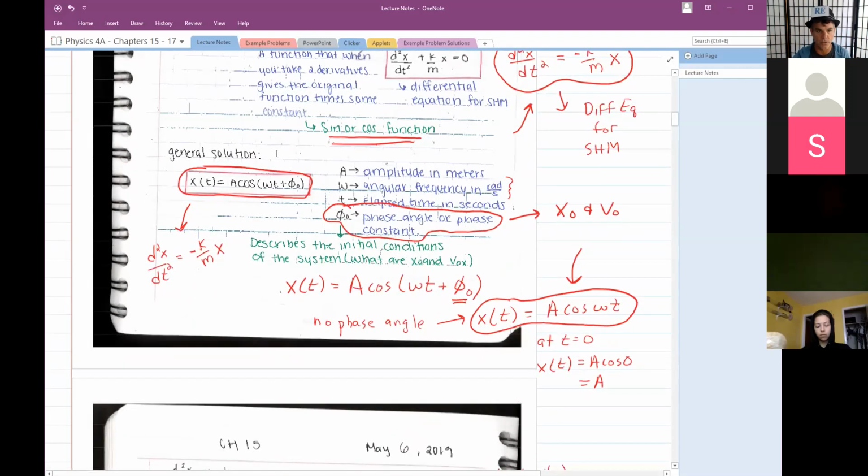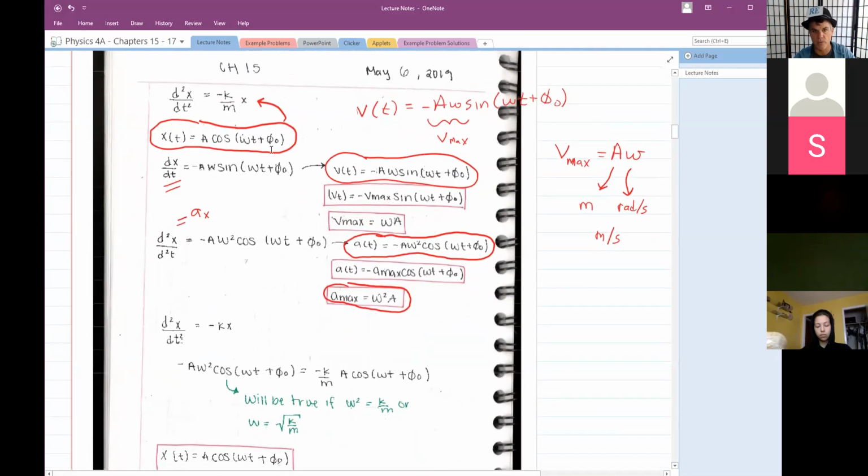So the most general solution is position as a function of time is A cosine omega t plus phi naught. A is the amplitude, which is the maximum distance from equilibrium. Omega is called the angular frequency. t is just the elapsed time, and the phase angle sets our initial conditions. It describes my initial position and my initial velocity.